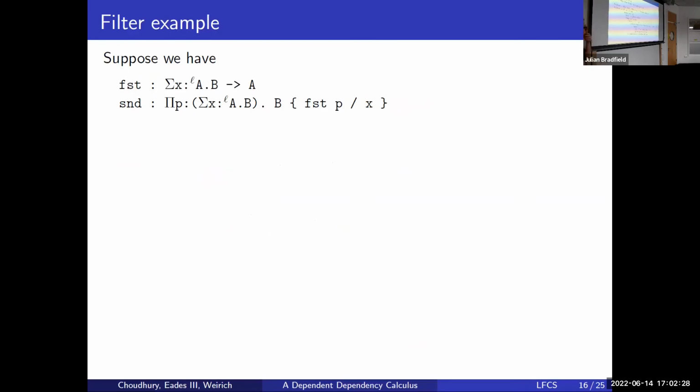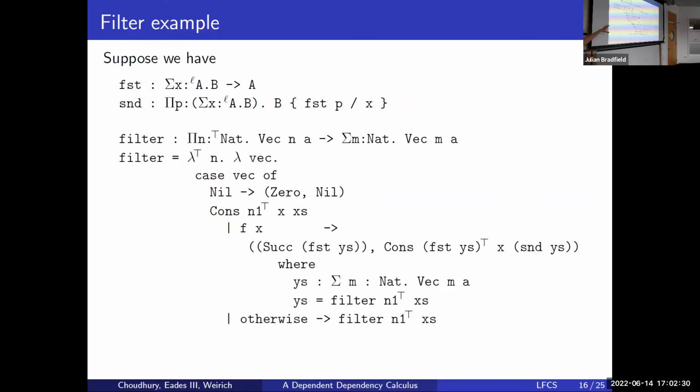We're going to rewrite filter, the same code as we saw before, but instead of pattern matching on the recursive call, in the case where the predicate is true, I'm just going to build up the length by calling first on the recursive call, and then the tail by calling second on the recursive call.